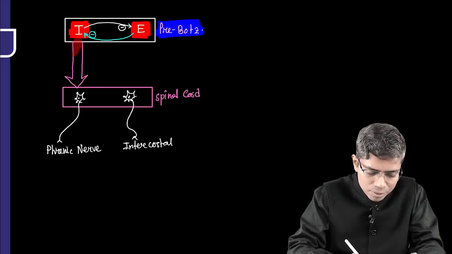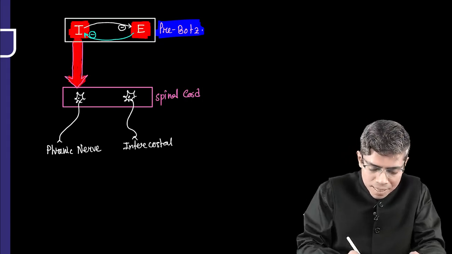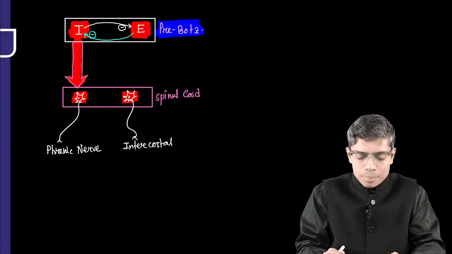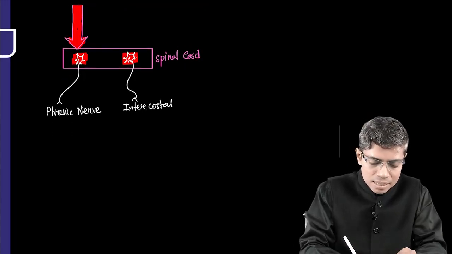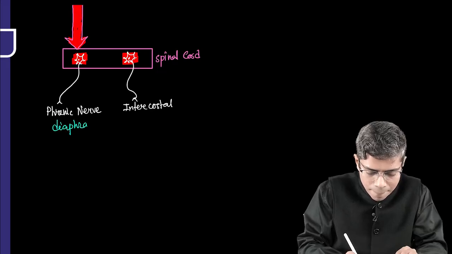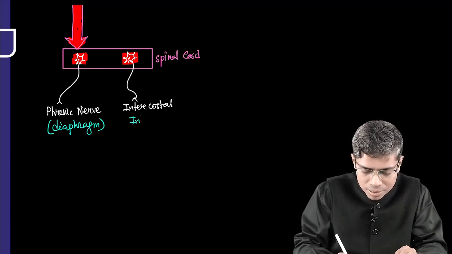This activation will go to the level of the spinal cord, and at the level of the spinal cord it is going to activate the phrenic nerve and the intercostal nerves. Because of which, you can easily understand that your diaphragm is going to be contracted, as well as your intercostal muscles.